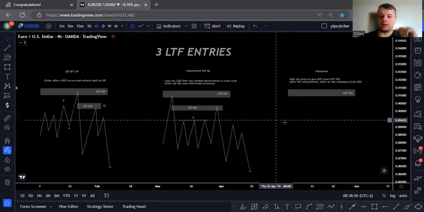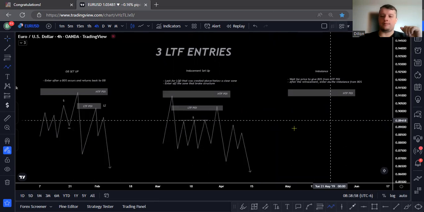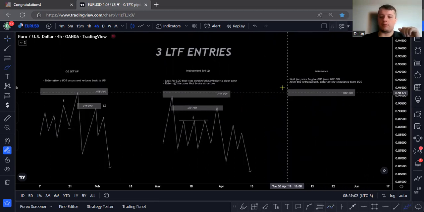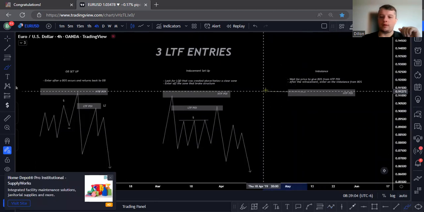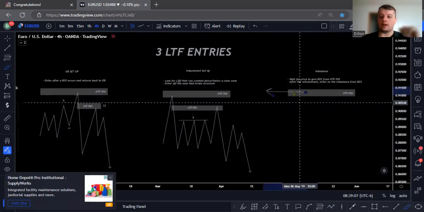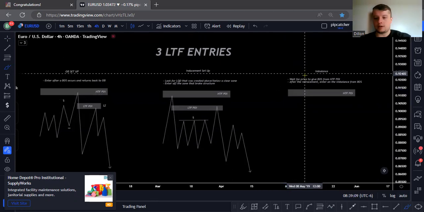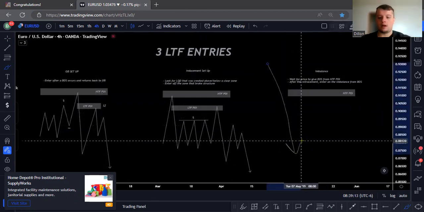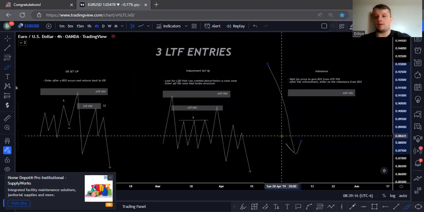So this is what this one would look like here, right? So say price, your higher time frame point of interest, right? There's an order block to the left, and price has broken structure to the downside on that higher time frame.